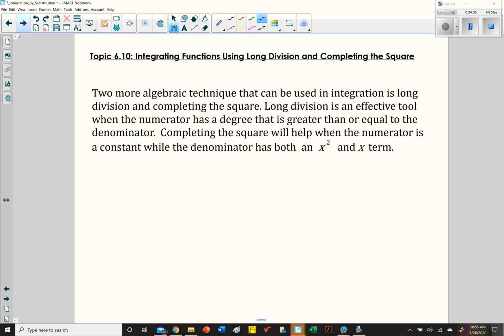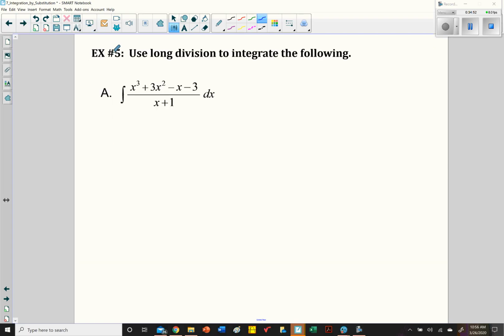Okay, then the last section, the last set of examples, using long division. This is something I would expect on the AP exam. It's something new. So we can rewrite things using long division to integrate. If you remember your long division, I'm going to use synthetic division here, because I have reducing powers on x, 3, and a binomial whose coefficient is 1, so that makes it really simple.